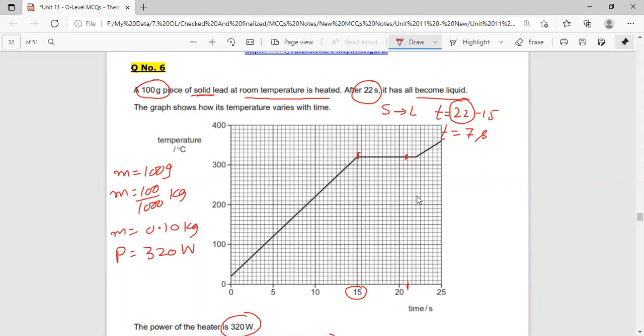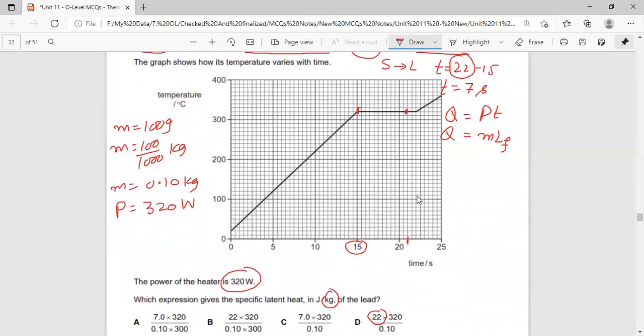So we have two equations, Q is equal to PT and Q is equal to MLF. We have to find the specific latent heat, which means we have to find LF.